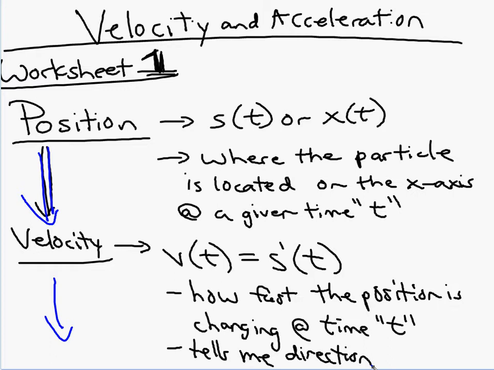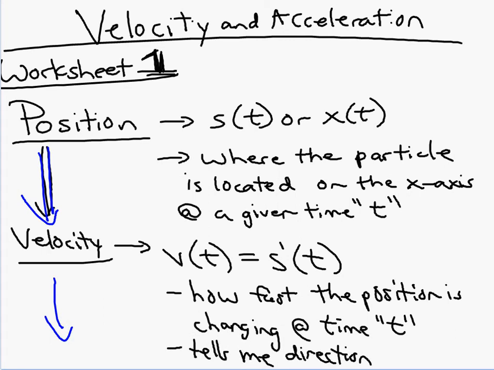The third one that I've already mentioned is acceleration. And I already drew the arrow from velocity down to acceleration. And the reason I did that is because acceleration, which we will call a of t, is the derivative of velocity.